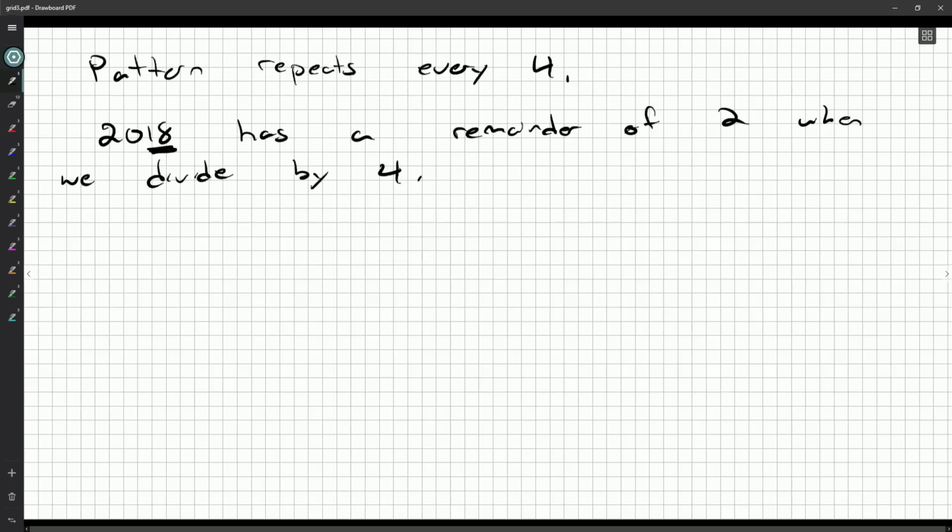An even number that isn't a multiple of 4 leaves a remainder of 2 when you divide by 4. That's how I was able to do that. No calculator required for that sort of thing. So x_2018 is equal to x_2, which is negative 2/3. And that's going to be our answer.